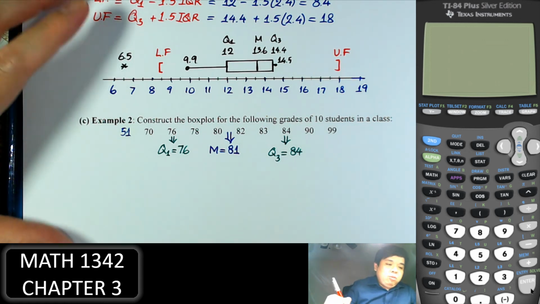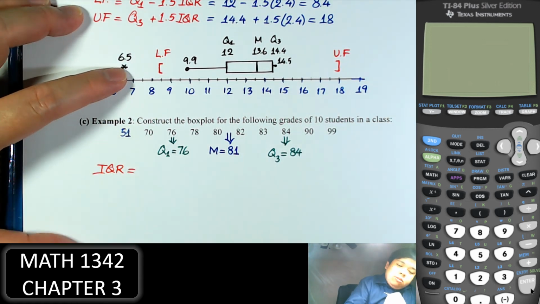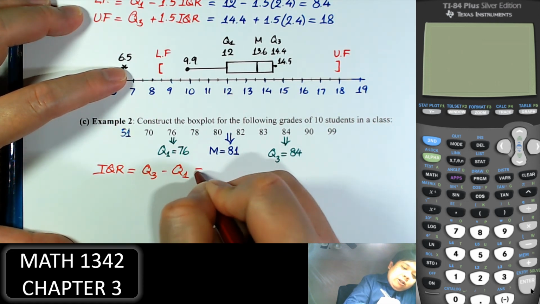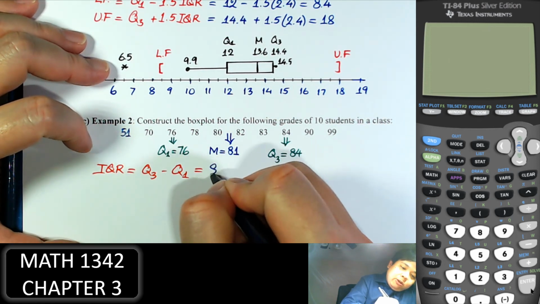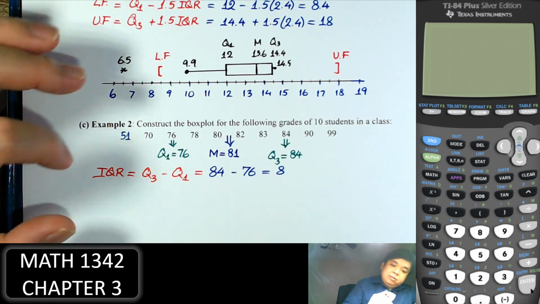Right, now IQR, Q3 minus Q1. 84 minus 76, that is 8.